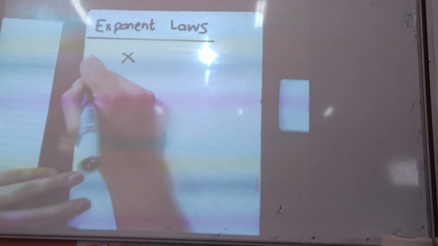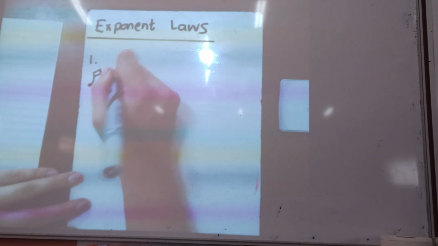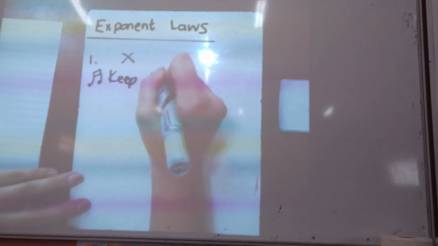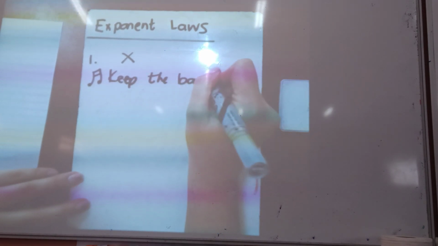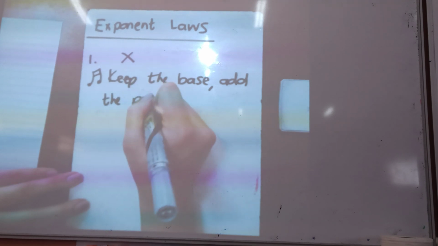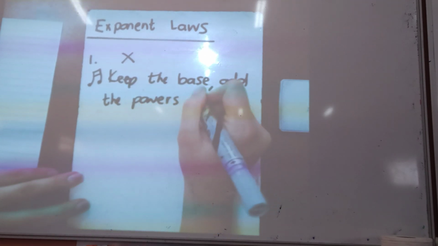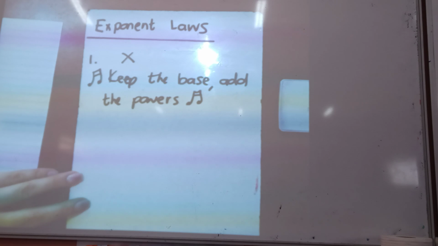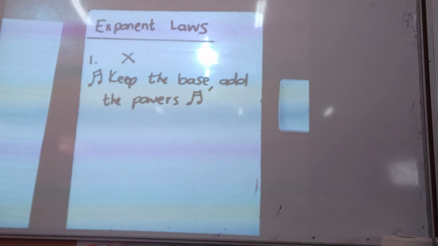So, when I multiply, keep the base, add the powers. That's a multiply, not an x. That's the little song I sing to myself. Keep the base, add the powers. Keep the base, add the powers. Right?